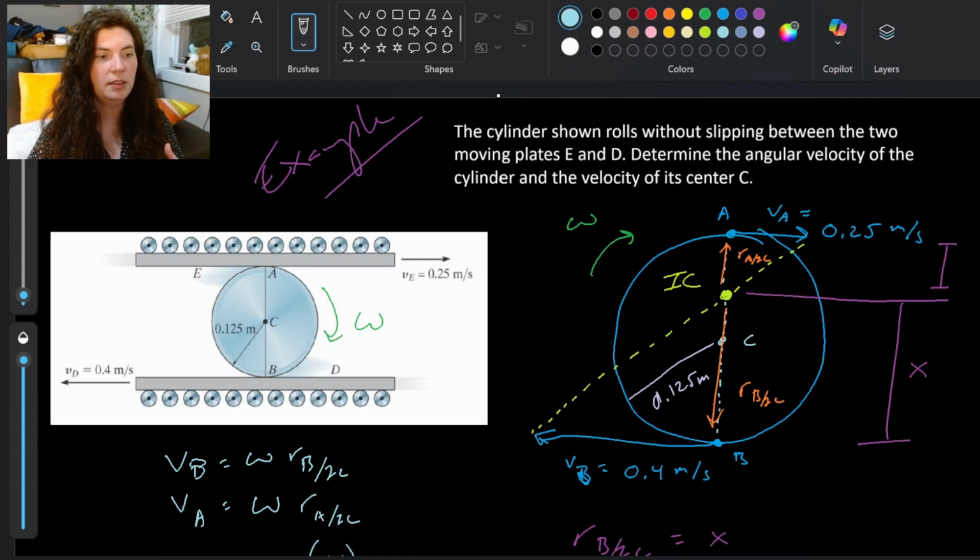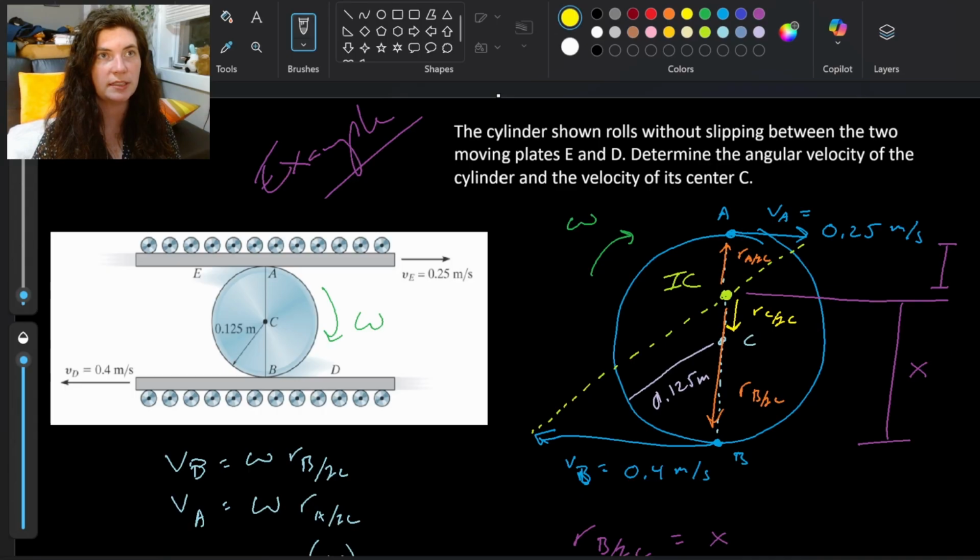All right, so we got omega. Last thing for us to find, we need to find the velocity of the center. So we're finding the velocity of C. To do that, we need the vector of C with respect to IC.